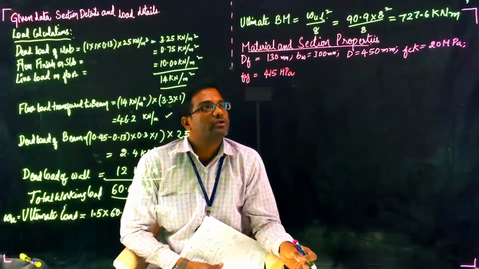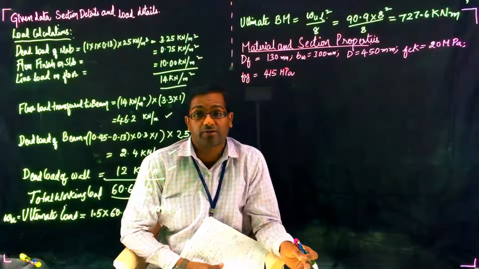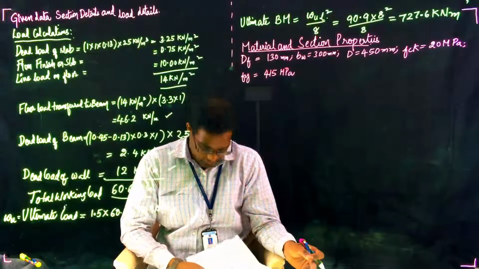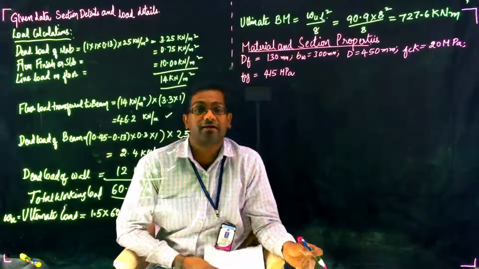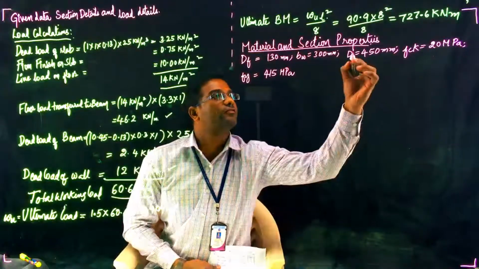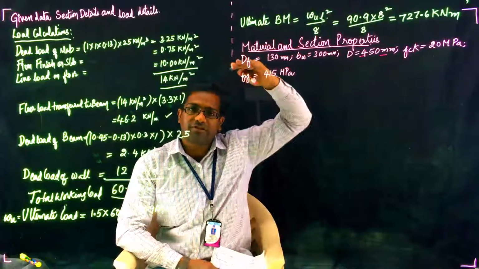When you have written the section properties, you might have noticed one of them is missing here, and that is the breadth of flange. We will calculate the breadth of flange, but before that we also need to calculate the effective depth. Here 450 is the overall depth, from top of slab to bottom.